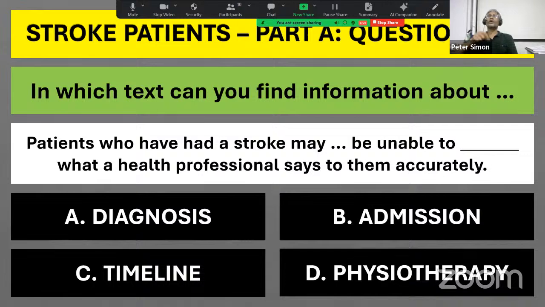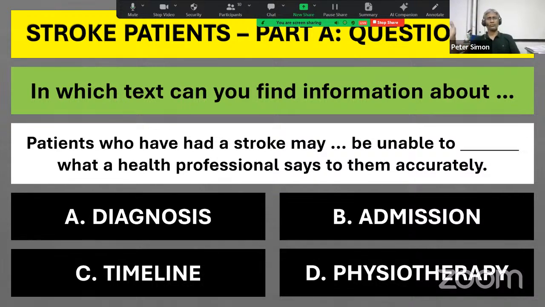It is related to words which are told, spoken words. Spoken words, understanding or hearing. May be unable to hear, may be unable to understand, may be unable to listen, may be unable to follow.